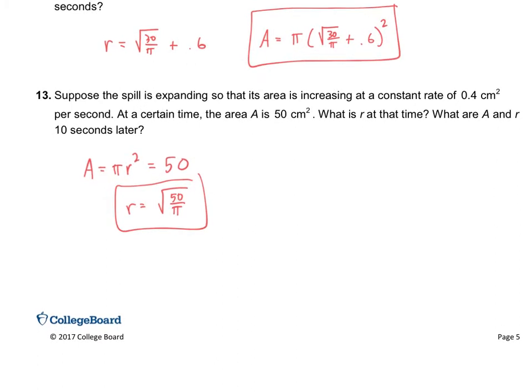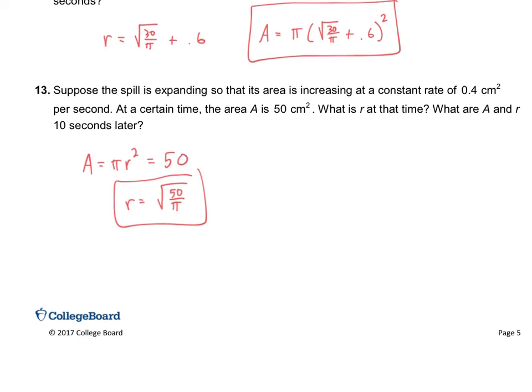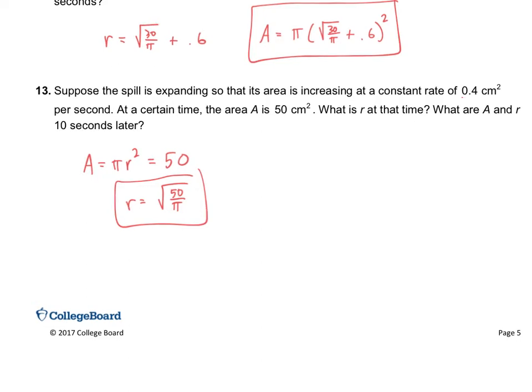Okay, so 10 seconds later, let's find A first. That'll be easier if we have how area is changing. So in 10 seconds, if it increases 0.4 square centimeters per second, it'll increase 4 square centimeters in 10 seconds. The area would be 54.